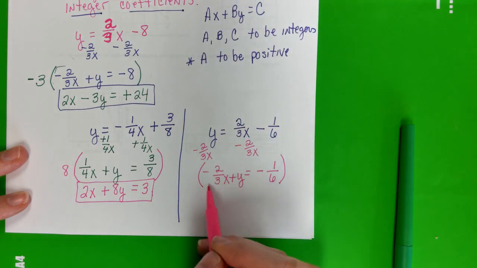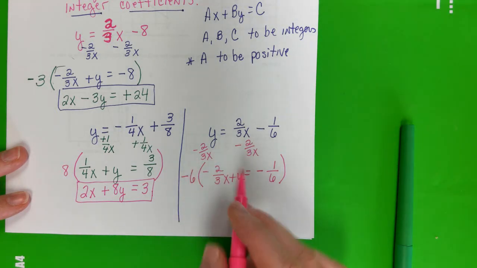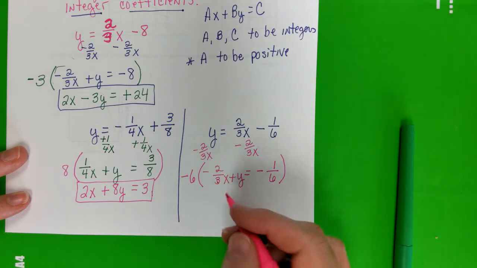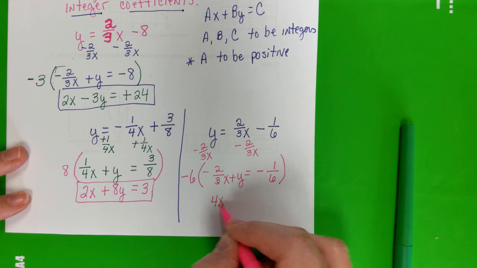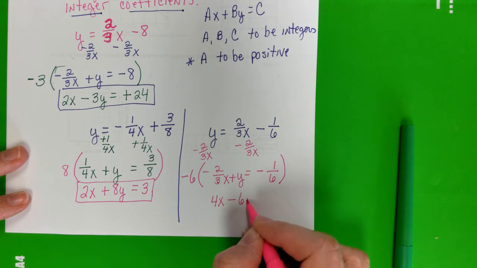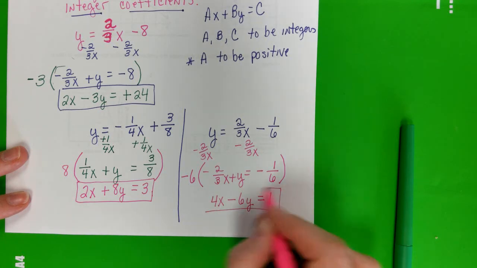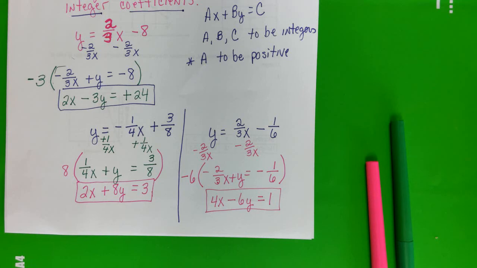I want to make my a value positive, so I'm going to multiply this by -6 because that is the least common denominator between the two. So this is going to be positive 4x minus 6y equals 1. Okay, if you got it right, give yourself a pat on the back. If not, go back and really look at it, and then you'll have some more practice problems on your assignment.